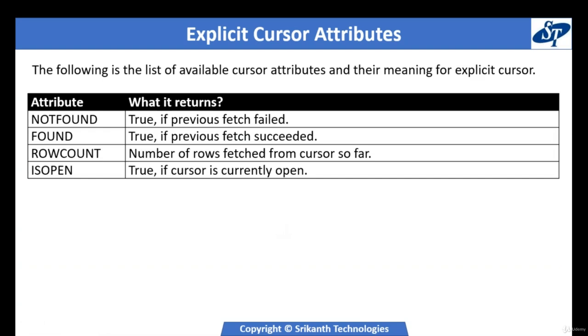These attributes are called cursor attributes, and they are slightly different for implicit and explicit cursor. So not found returns true if previous fetch failed. Found returns true if it succeeded. Row count tells you how many rows were fetched so far. It's a useful one. And is open tells you whether cursor is open or closed.